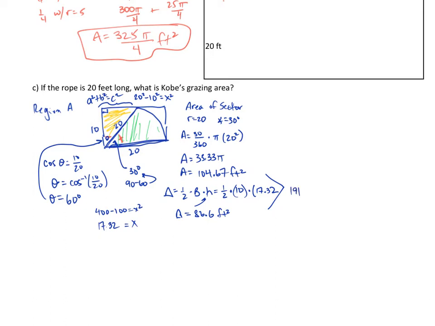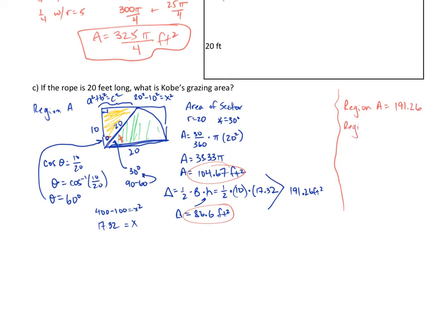So add these two together, and you're going to get 191. I'm adding, just in case you're wondering, the 104 and the 86. You'll get 191.26 square feet. Now I'm going to keep track of everything right here. I will do it in another color so you guys can see, and we'll say region A, we got 191.26.